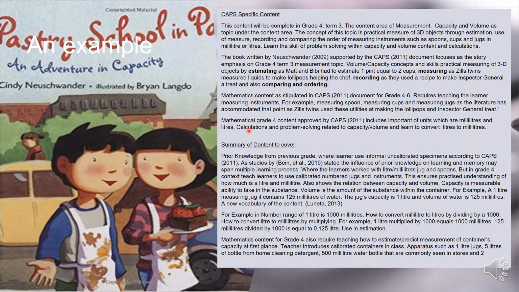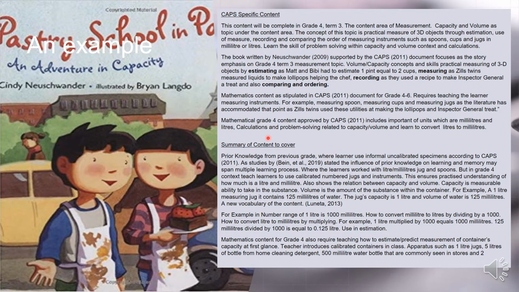The Grade 4 mathematical content approved by CAPS includes the importance of measuring units, which are milliliters and liters, and the calculations of problem solving relating to capacity and volume, and learning to convert liters to milliliters.